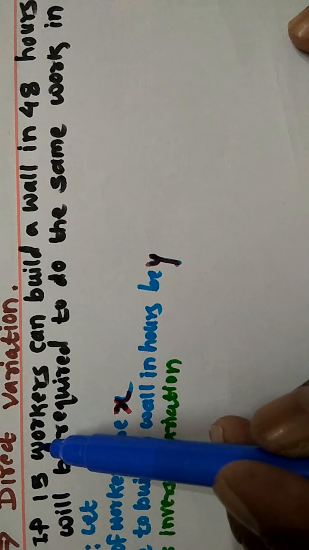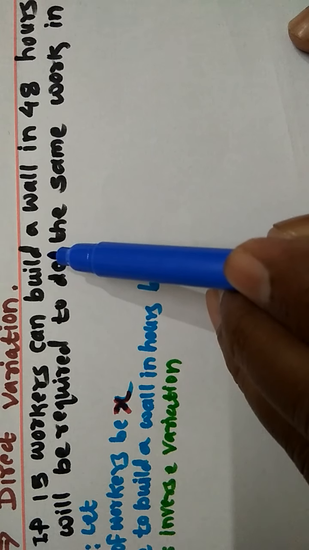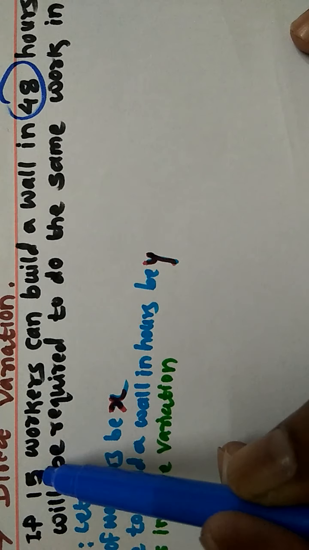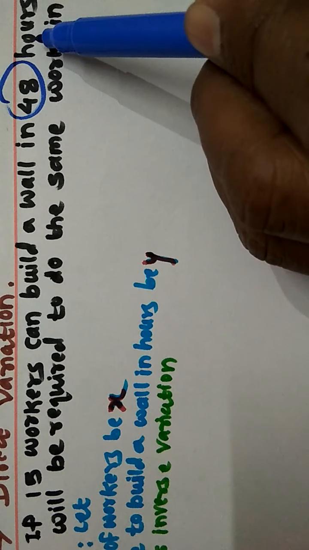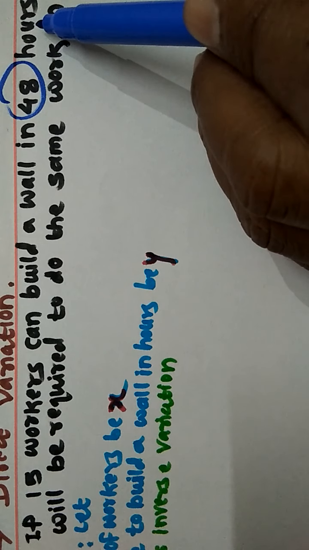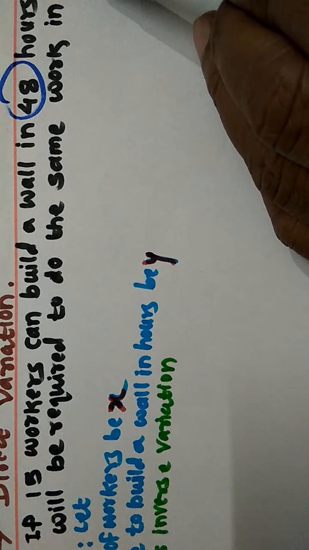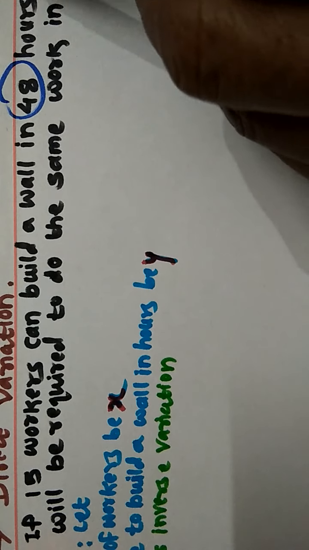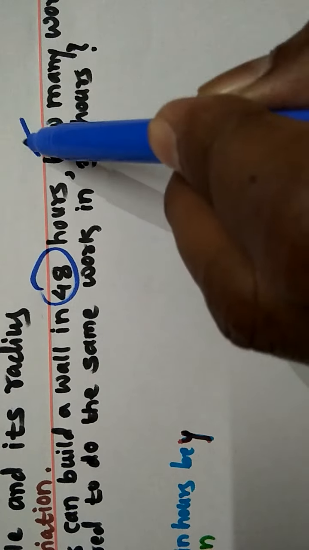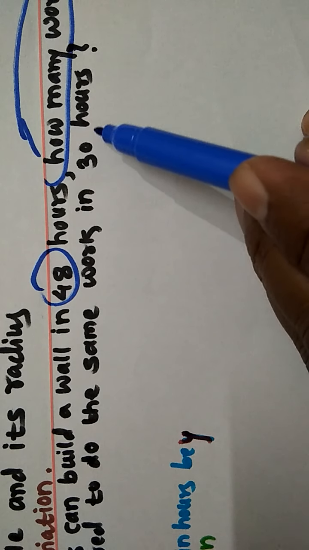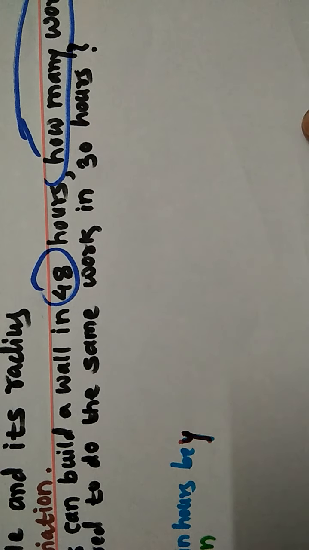Now see here, 15 workers can build a wall in 48 hours. Workers and the time to build a wall are given, and we want to find how many workers are needed to build the wall in 30 hours.